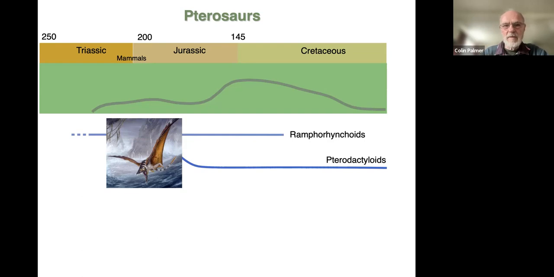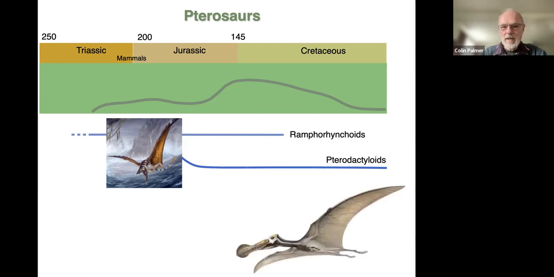And then sometime in the Jurassic, another lineage appeared, the pterodactyloids, similar in many ways, but with no tail. Probably therefore aerodynamically more capable, and they certainly got bigger. It was very common, Pteranodon, things like that, 6-7 meters wingspan was a common size for these big pterodactyloids.